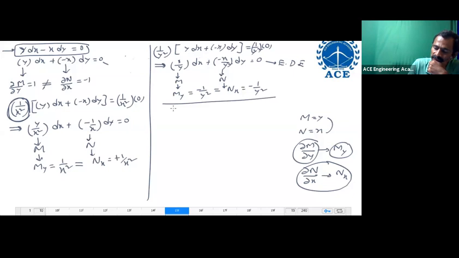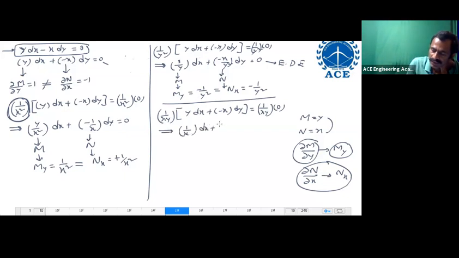Or if you multiply 1 by xy on both sides, y dx plus minus x dy equal to 1 by xy into 0. Again, the equation becomes 1 by x into dx plus minus 1 by y into dy equal to 0.